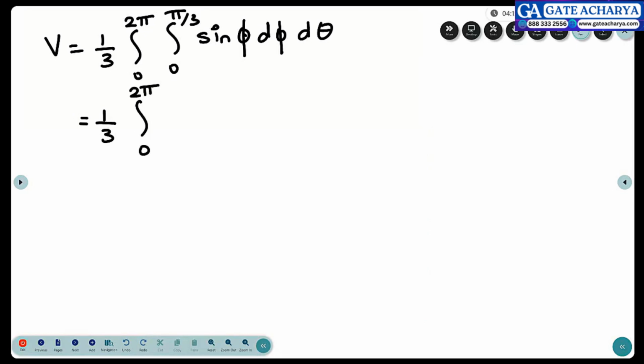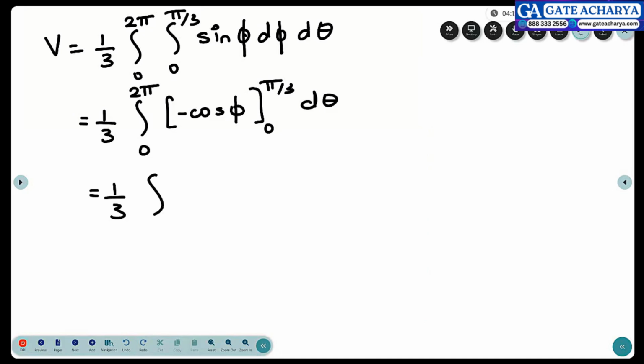What is the integration of sine? Minus cos. Cos pi by 3 is what? 1 by 2. So minus 1 by 2 minus of minus 1.